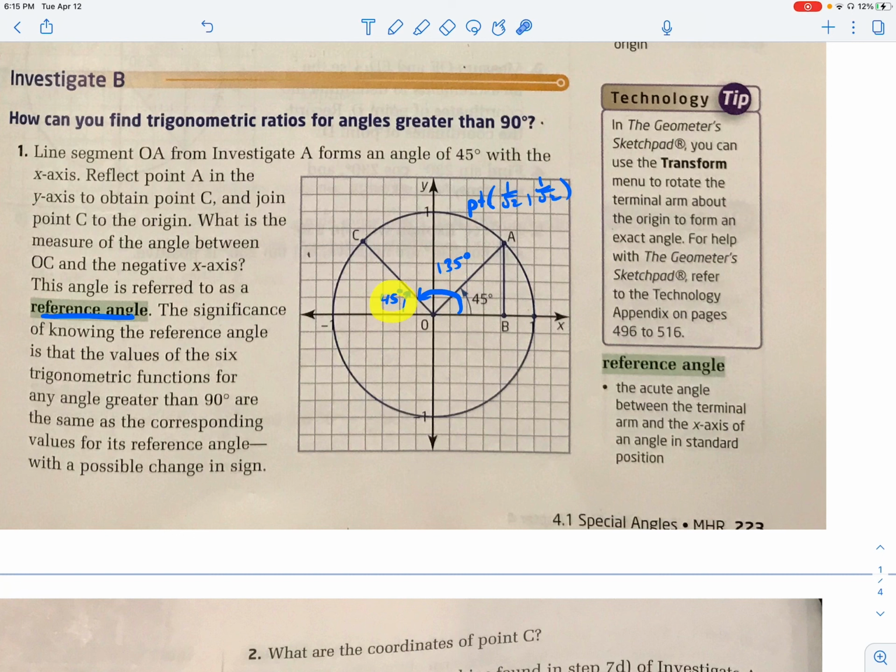So like sine of 45 will be the same as sine of 135, or cos of 135 is the same as cos of 45. It says the only difference is there might be a possible change in sign. So when I go to draw this triangle down here, notice this side is now negative because it's in the negative x quadrant when I measure this length. So that's how we're able to develop negative values for the trig ratios.